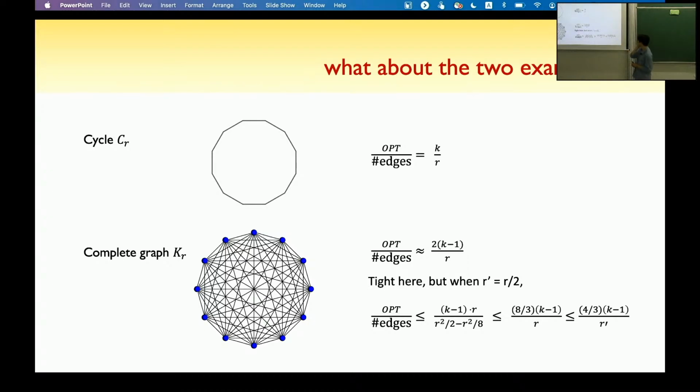You don't need to follow it, but because the process contracts many edges, that's going to create many parallel edges, which increases the denominator here. So however you contract the r over 2 edges, starting from the complete graph, this ratio between opt and the number of edges cannot be tight.